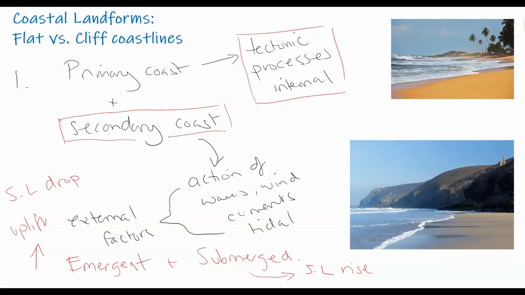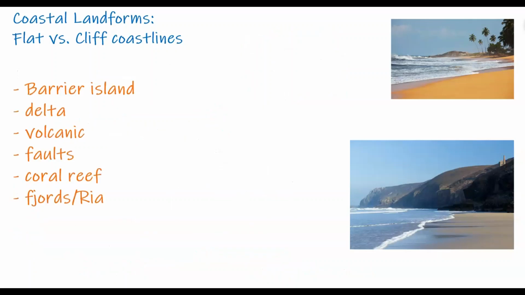That would be secondary. Some of these different variations of coastlines I mentioned in a previous video are listed here in the orange: the barrier island, the delta coastlines, volcanic coastlines, and fault coastlines, which are obviously tectonic. Coral reef coastlines, again, similar to barrier island, and obviously fjords and ria, which is more of the submerged.